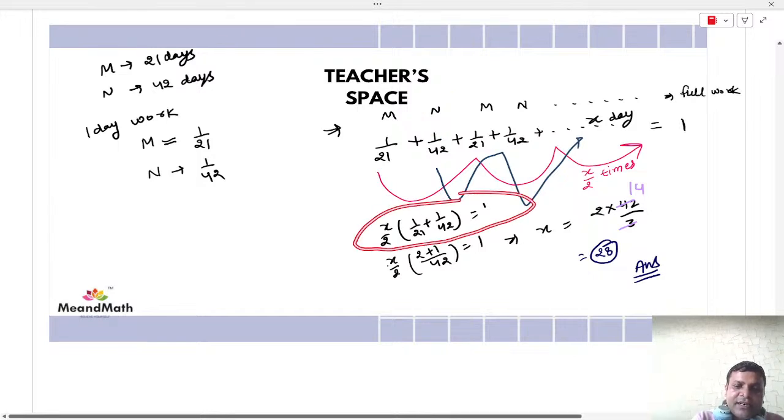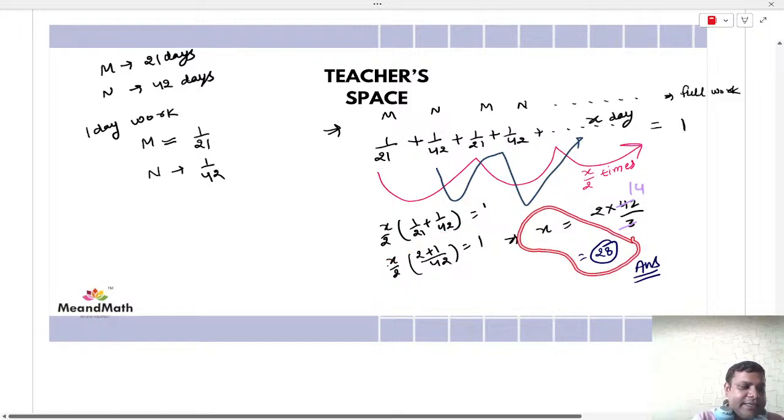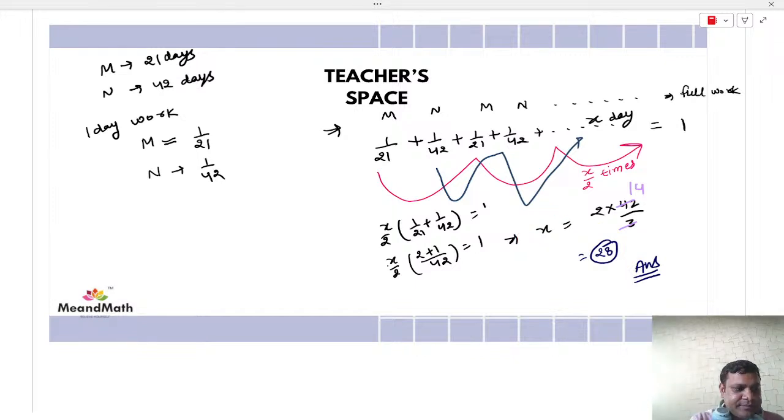So this is the final equation. You can solve it by LCM. After solving, x is equal to 28. So the answer is 28 days. I hope this solution is clear to everyone in the class.